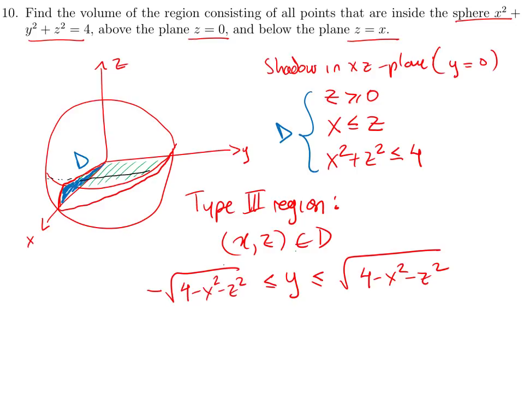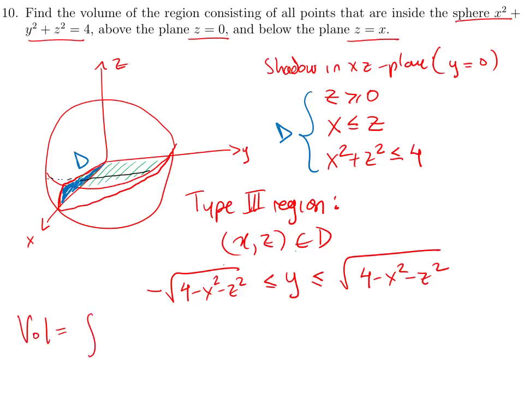Okay. So this is actually the tricky part, setting up the integral correctly. But once you've drawn this picture, you can clearly see that this wedge, this region that I'm interested in, is a type 3 region. And then I know how to compute the volumes.